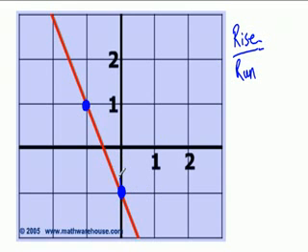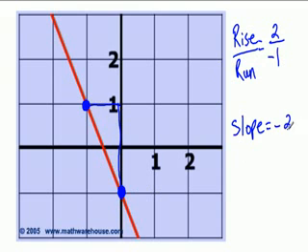So our rise is positive 1, 2, and our run is a negative 1. Okay, so our slope equals negative 2 over 1, which you do not have to say, because 2 over 1 just equals 2. So we can just say our slope is negative 2.